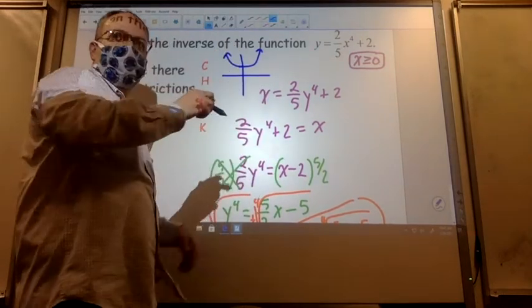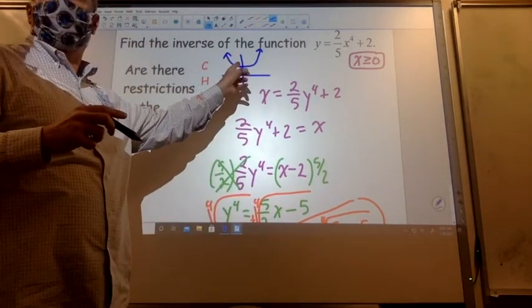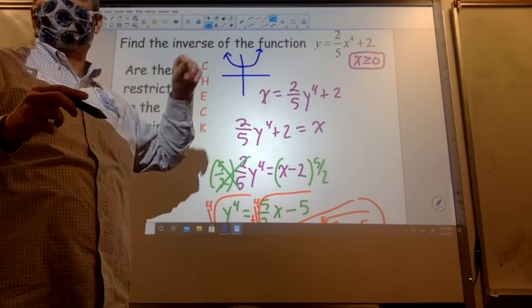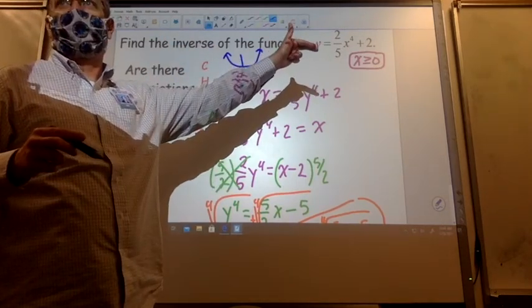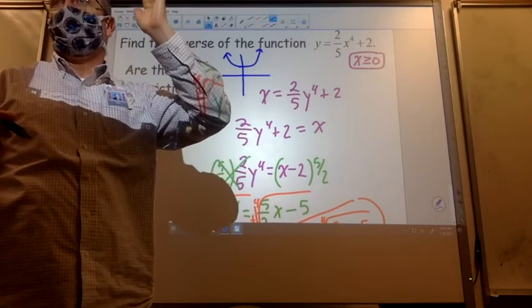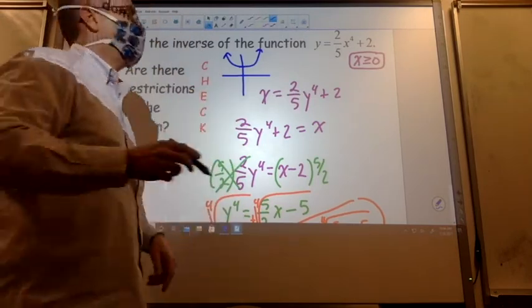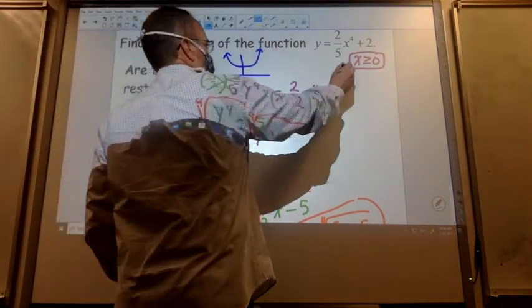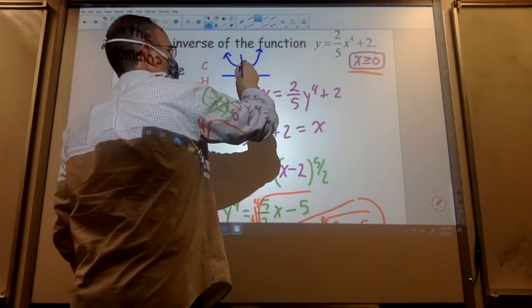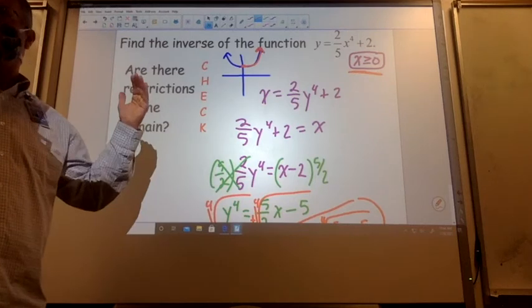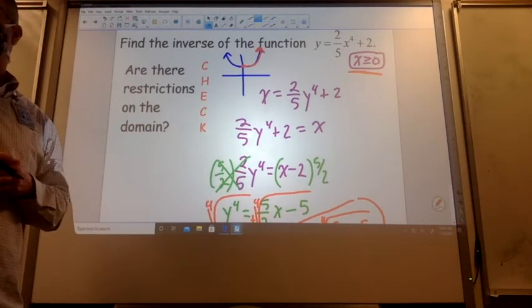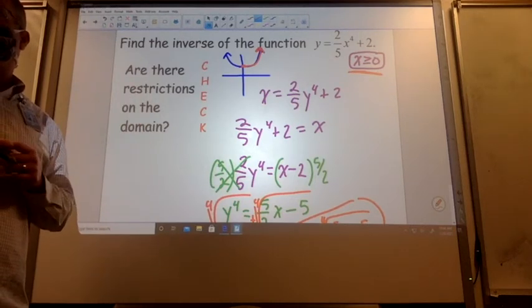If I had tried to find the inverse of this, my inverse would have to be a relation because the horizontal line test doesn't pass. But I wanted to make it an inverse function. So by me putting this, it means I'm talking about this side of my parabola, or my U that's flattened on the bottom. That's why I put the restriction.